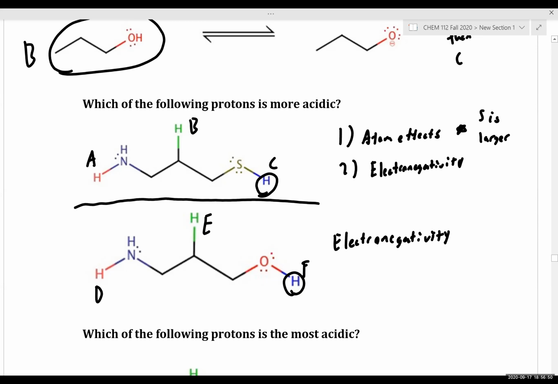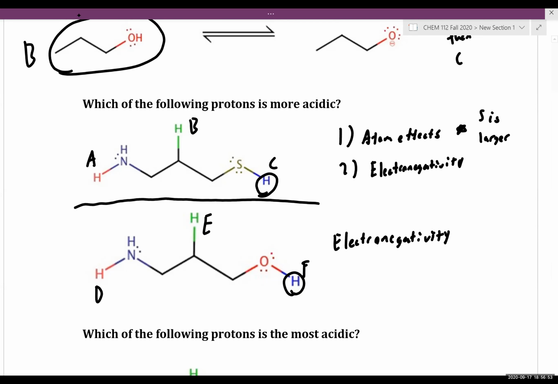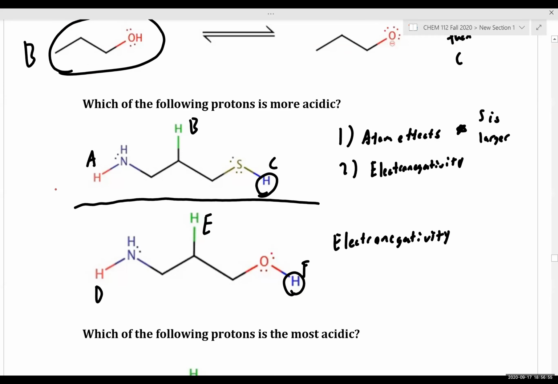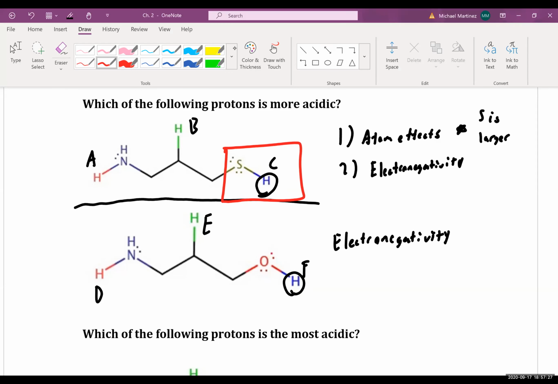Now, in both of these molecules, what is our most acidic proton overall? C. Why? Sulfur is larger than oxygen, and we're more readily able to stabilize our negative charge as a result. Or you can say the sulfur-hydrogen bond is weaker, so it's easier to dissociate the proton. Both arguments are reasonable.